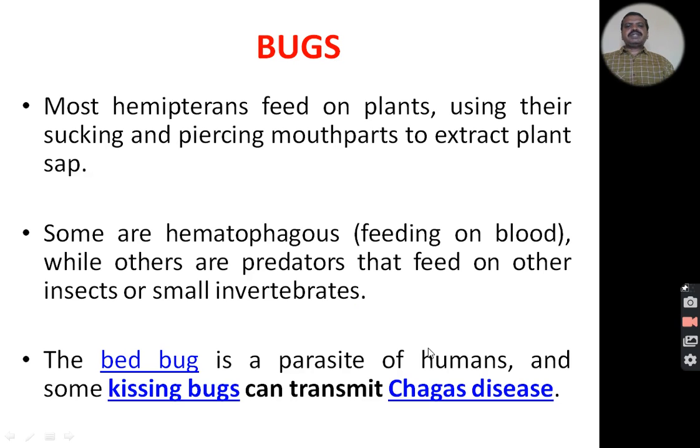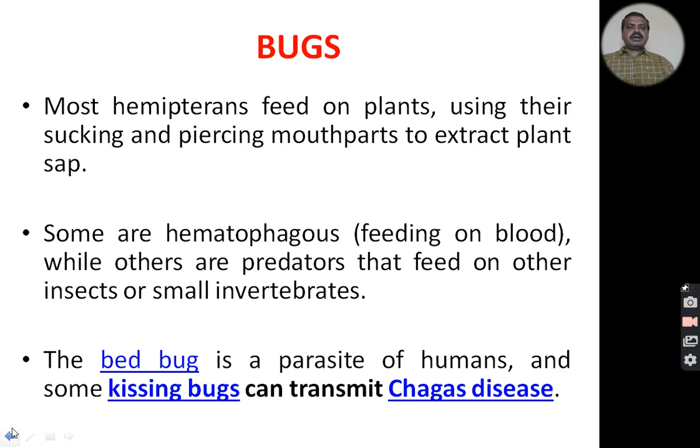Most of the hemipterans usually feed on the plants, that too the plant juices, okay, using their sucking and piercing mouth parts to extract the plant juice. Accordingly, the mouth parts are modified. Some are hematophagous.